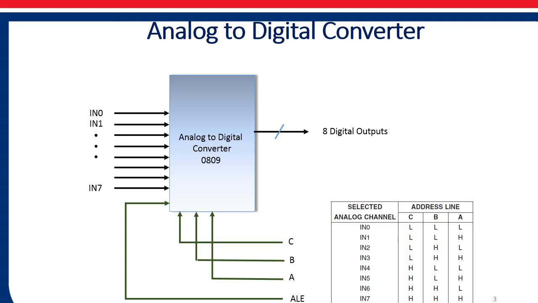Next step will be to give a start conversion pulse to the ADC, and on the negative edge of the start conversion, the ADC 0809 will start converting the analog quantity of the selected input channel into its digital equivalent. And after 8 clock pulses, the conversion will get completed.